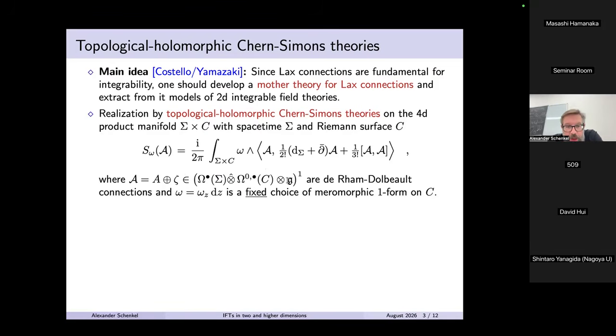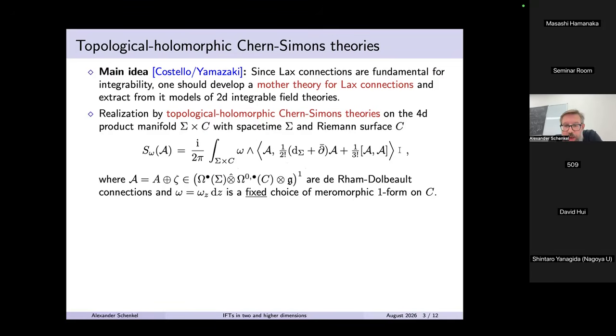Now, with these types of gauge fields, you can build a Chern-Simons-like term. So you have the differential. The differential here is the de Rham differential on sigma, the Dolbeault differential on C. You have the usual Lie bracket because these gauge fields are valued in a Lie algebra. And this is some invariant pairing on the Lie algebra.